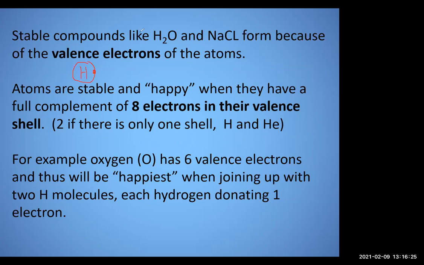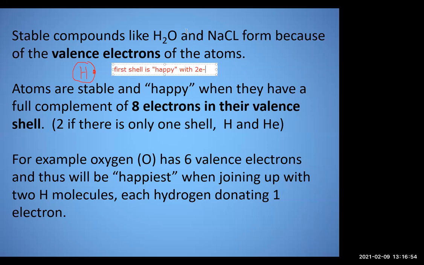The first shell is stable or happy with 2 electrons, 2 e minus. Okay, so hydrogen just has 1 shell, as does helium.